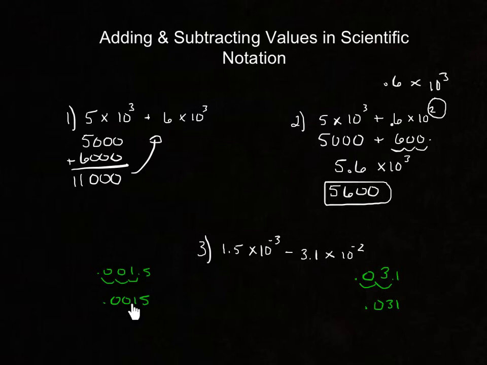So in this example, I want to make sure that I move it back 1. So I should really have 15 hundredths times 10 to the negative 2 power.